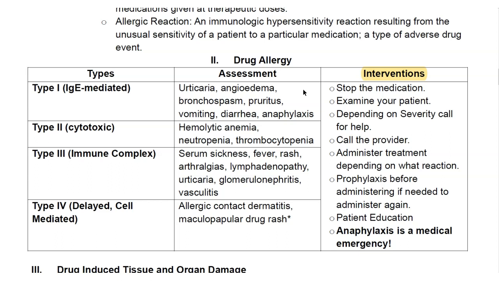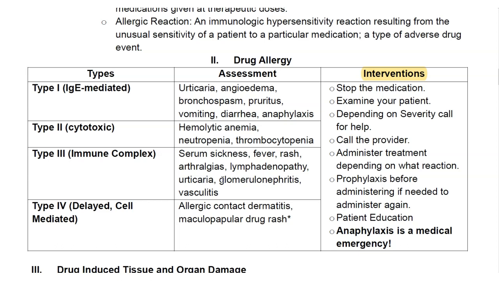Now, type 3 or immune complex can cause serum sickness, fever, rash, arthralgias or joint pains, lymphadenopathy, urticaria, glomerulonephritis, and vasculitis. As you notice, this sounds kind of like an autoimmune disease, right? Joint pain is more systemic in nature. It can affect the rest of the body, and it can cause inflammation.